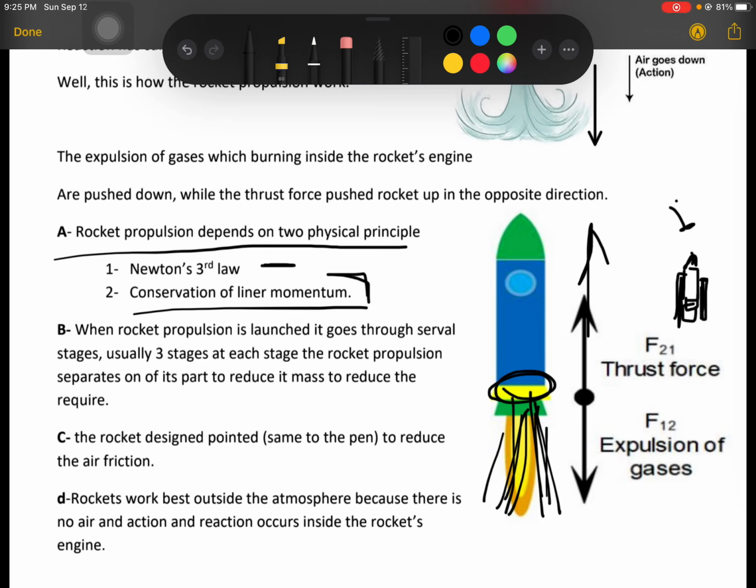At the first stage, the rocket goes this way. At the second stage, the rocket goes. What you need to know is that at every stage the rocket separates a part from it. Why? To reduce the mass, which reduces the required energy.